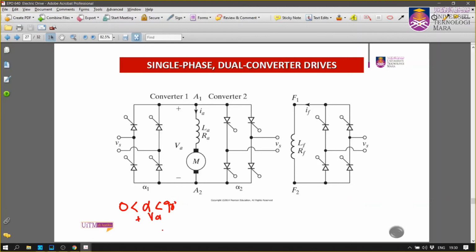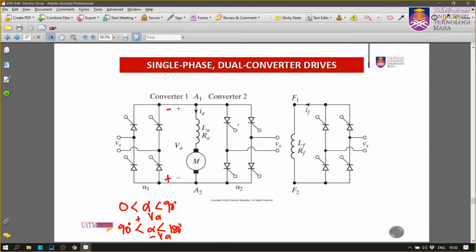But if you operate alpha from 90 degrees to 180 degrees, you are going to operate with a minus VA. So it will change from negative to positive here.